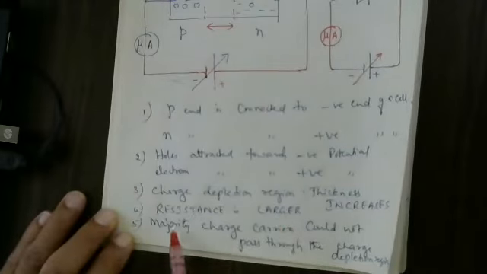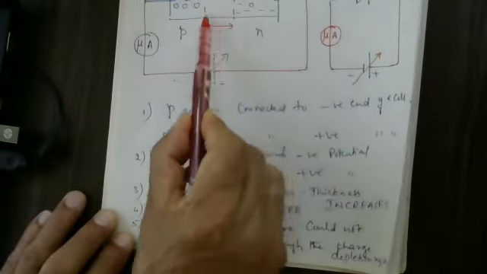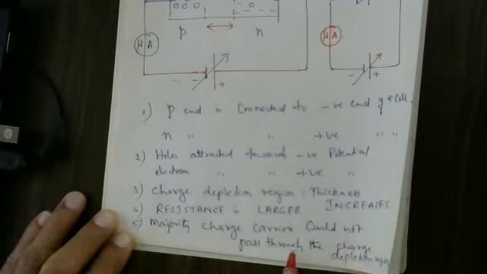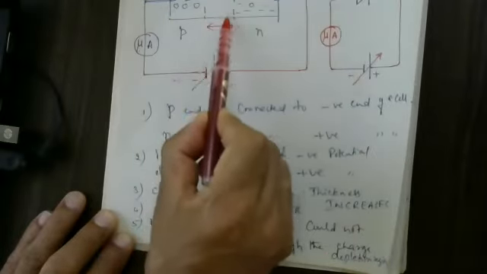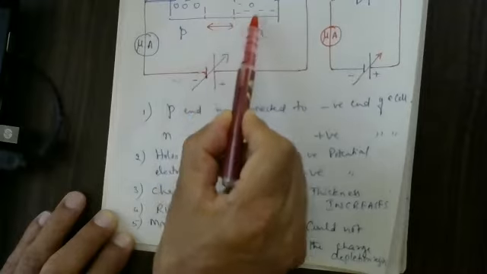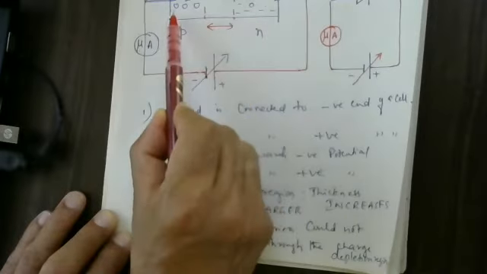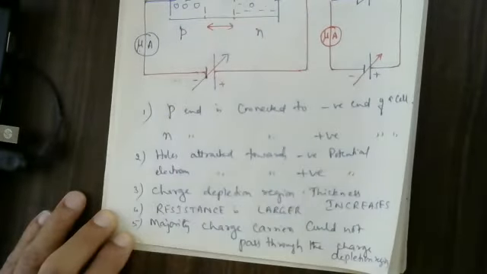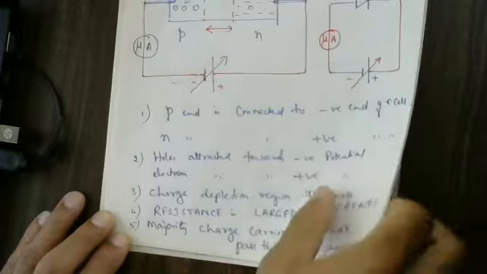Therefore, electrons could not move and holes could not move. Because of that, the current flow is equal to 0, because no majority charge carriers are moving.